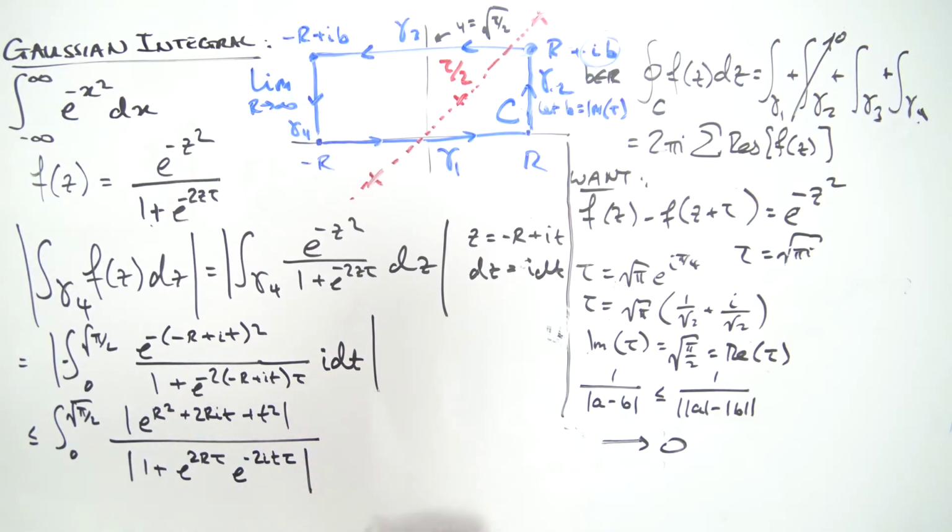The absolute value of i is 1, and then we end off with the dt. Alright, and just like before, this r squared is real, this t squared is real, and over here on this second term, we have something in the form real number times i, and e to the real number times i inside of absolute value. That's going to be equal to 1, so let's forget about that. And we're going to use the reverse triangle inequality down here as well later on.